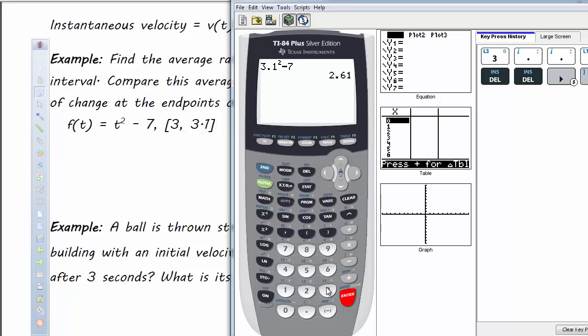And then if we put in 3 squared minus 7, we get 2. So 0.61 divided by 0.1 gave us 6.1.